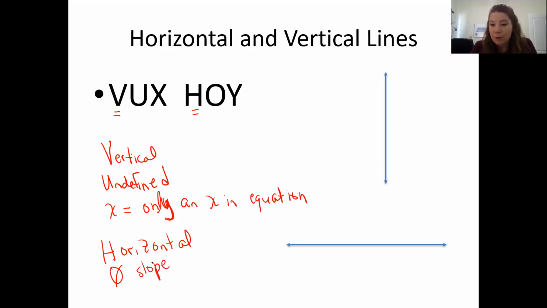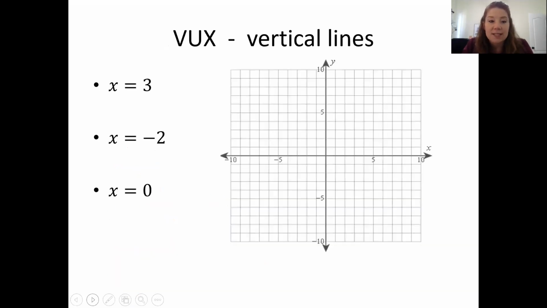That O actually represents a zero slope. And Y means there's only a Y in the equation. Oh, my writing is atrocious, you guys. Sorry about that.